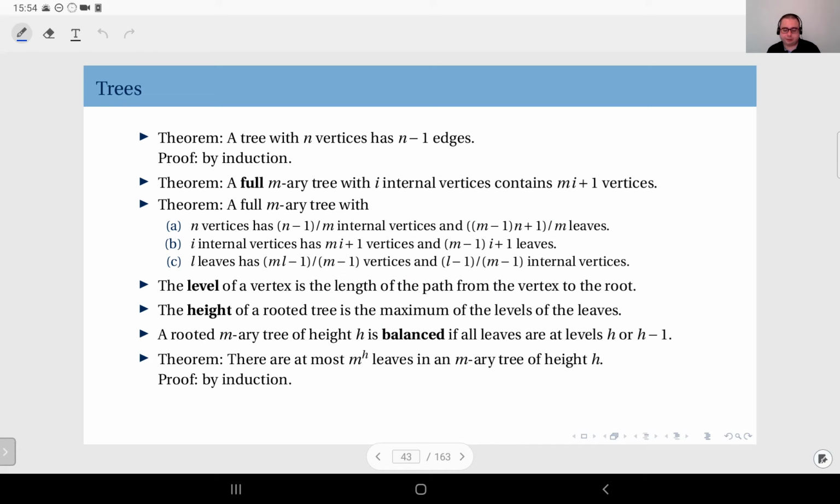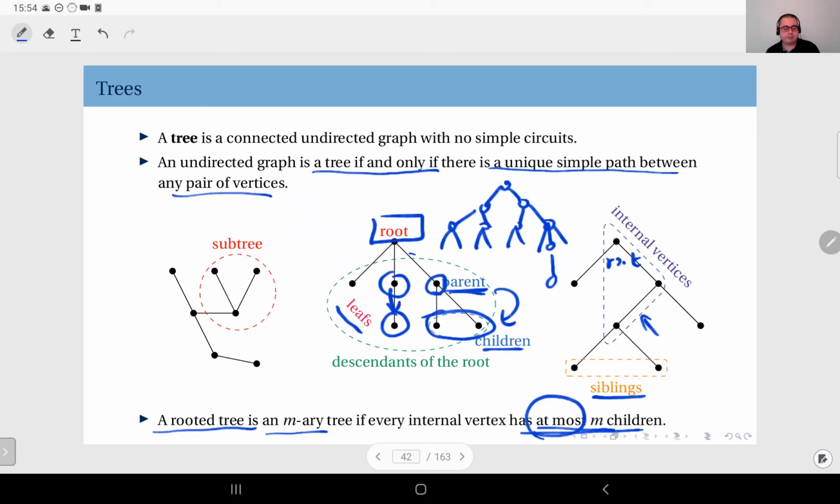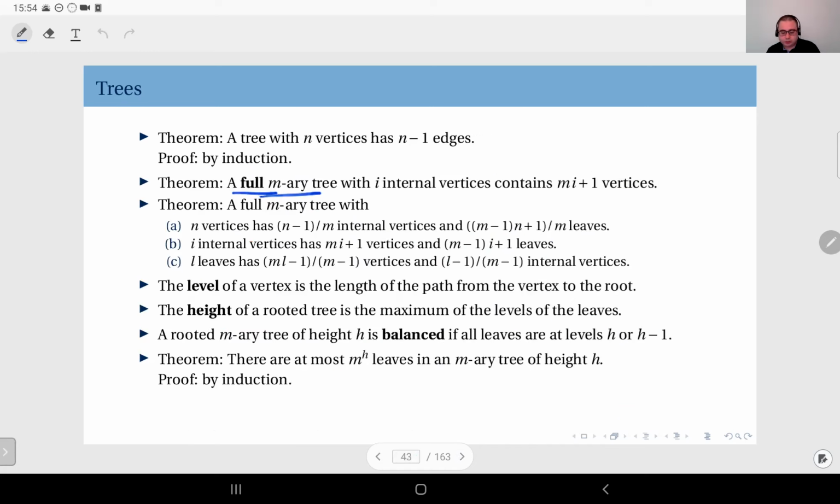Another theorem is regarding m-ary trees, a full m-ary tree, and by full we mean, as I said here, an m-ary tree does not have to have m children at every internal vertex, but at most. When we say a full m-ary tree, we mean that this tree has exactly m children at each internal vertex.